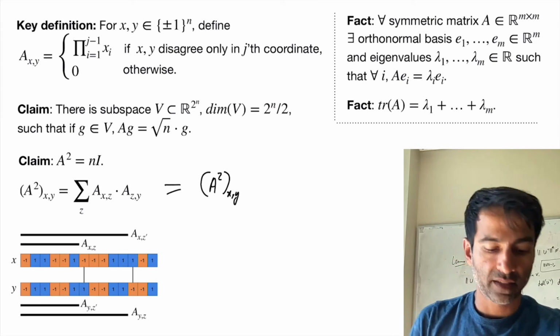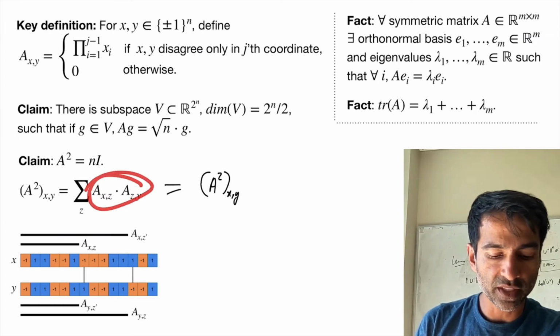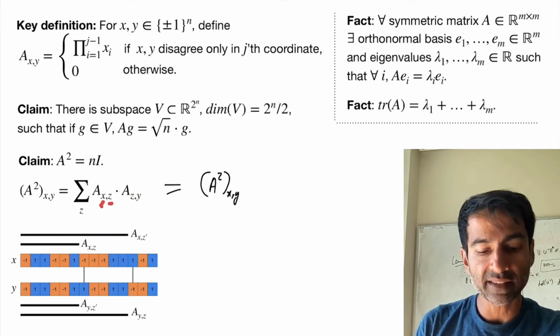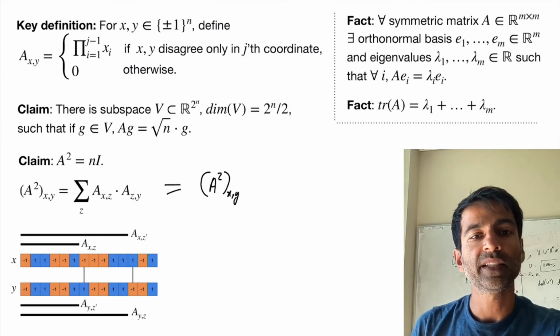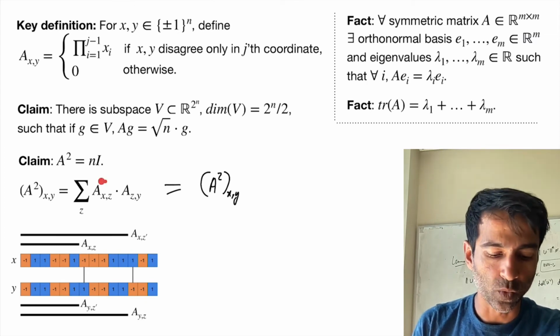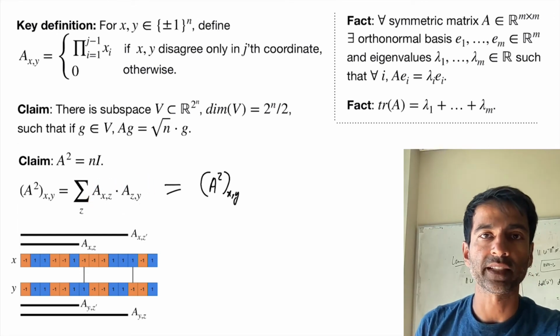Because the only way you can get a contribution here is if z is adjacent to x and z is adjacent to y. This must mean that the distance between x and y is exactly 2. Otherwise one of these two numbers will be 0 for every z.